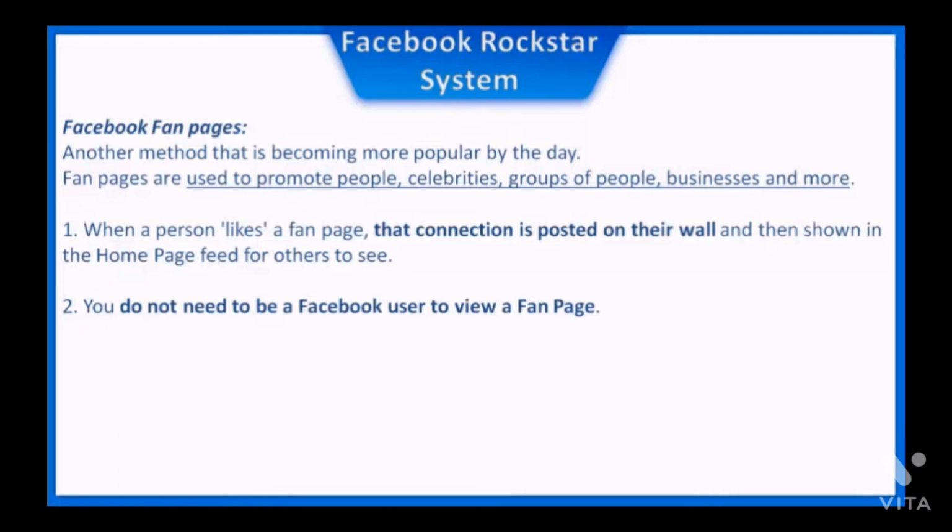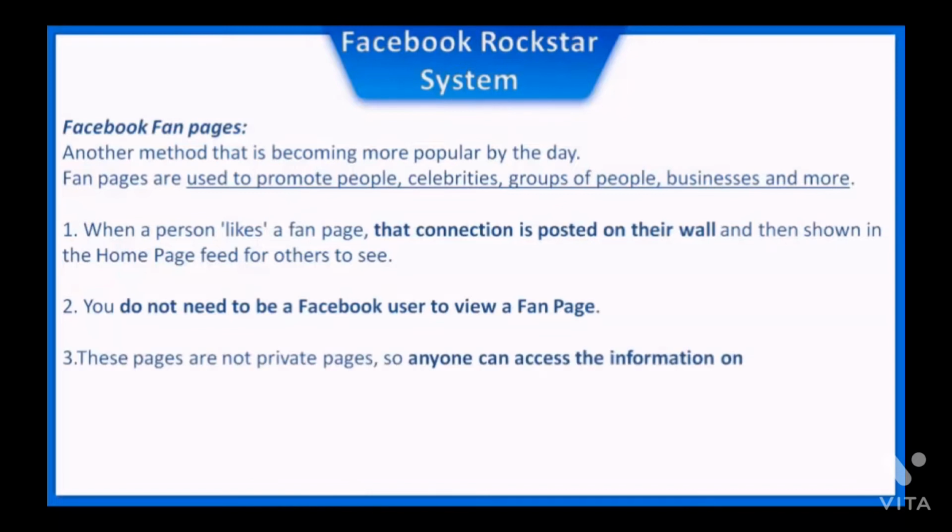A person may follow a link from somewhere, for example, a website, and look you up on Facebook from anywhere in the world. 3. These pages are not private pages, so anyone can access the information on a particular page even if they haven't liked it as such. If you aren't sure what all this liking is, it's Facebook's new way of becoming a fan of a page. Where a person once became a fan, they now become a liker.